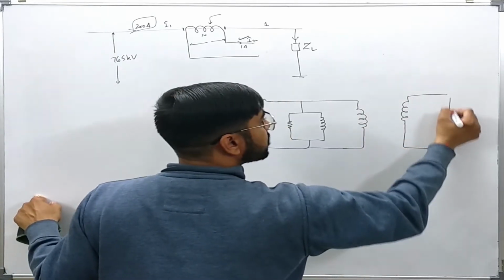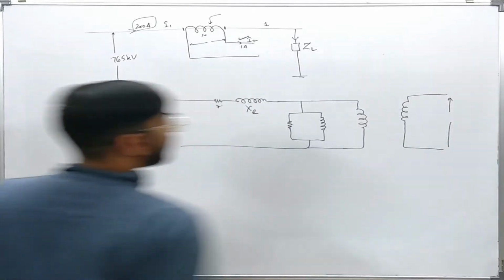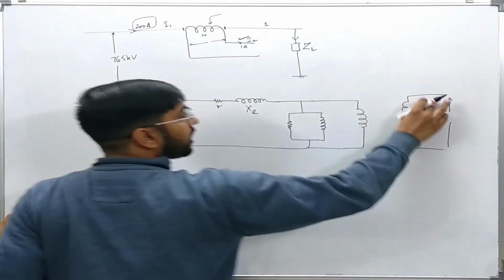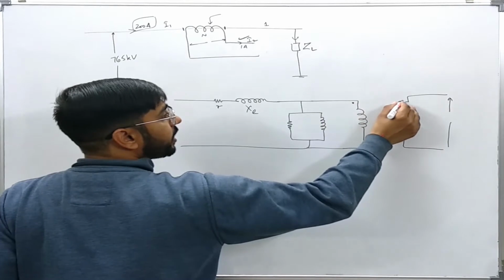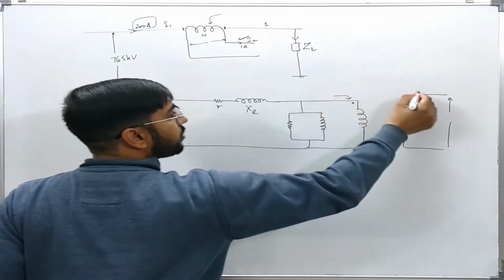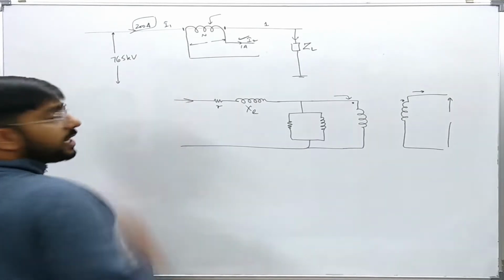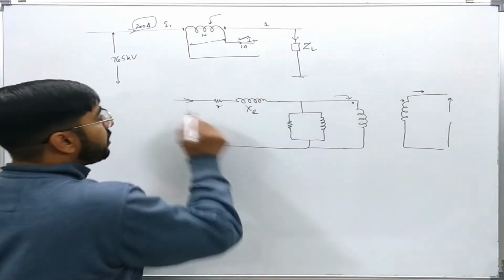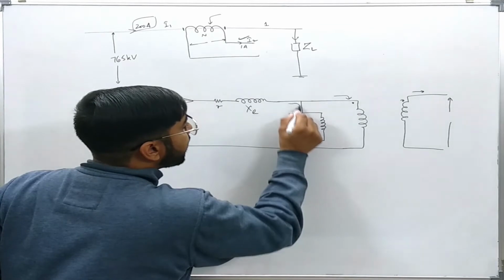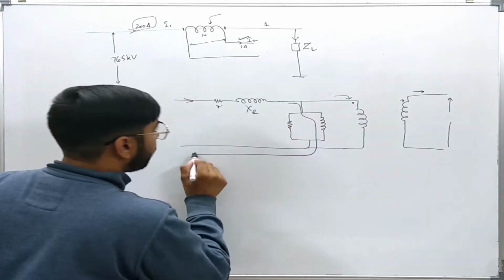Now when the secondary is open, what happens? There is no current here, so there will be no reflected current here. So this current will be equal to 0, this current will be equal to 0. So any current flowing in the primary, what will it do? It will flow through the magnetization branch only.